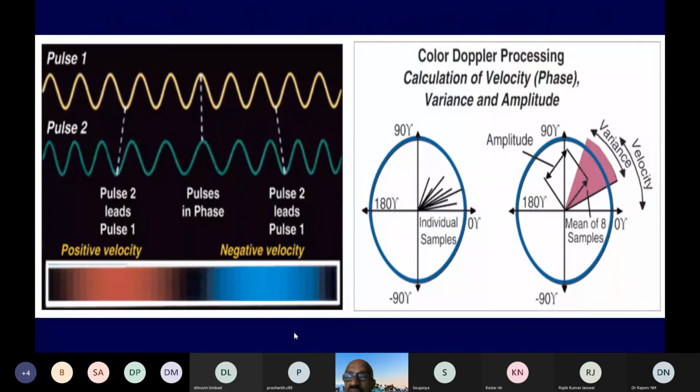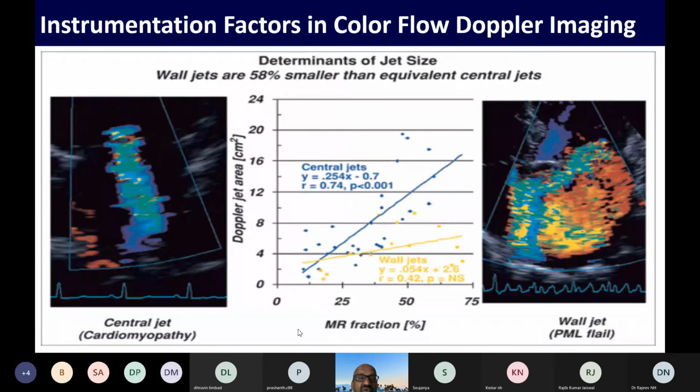So this is color Doppler processing by autocorrelation. By comparing the successive pulses of ultrasound, it is possible to determine the velocity along the sector of interest. And it is very important for us to recognize that there are instrumentation factors in color flow Doppler imaging. If we keep the color flow velocity frequencies optimal, only then we'll get the correct picture.